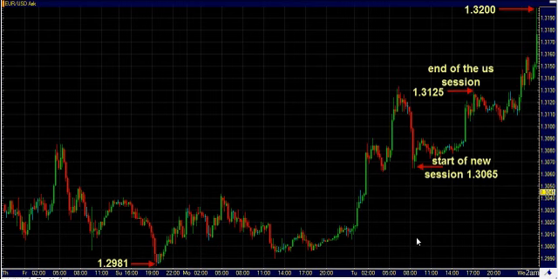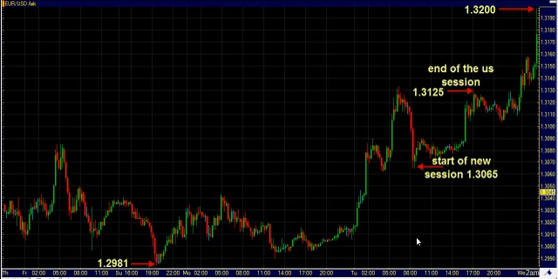The best time to place a long-term trade, we would say it would have to be at the end of the US session, which is 5 p.m. Because in this example, the price might be at 132.00. And let's say that news report came out better than expected. This euro perhaps can go to 133.